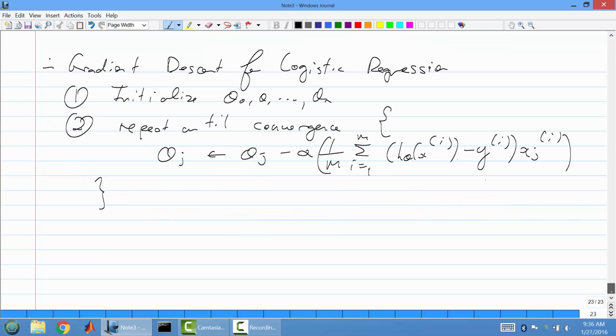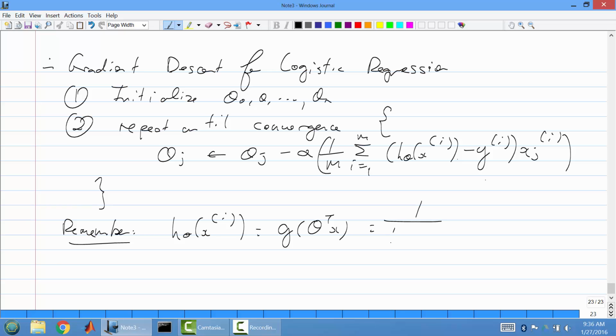And then remember, the hypothesis here is the sigmoid function. It's not the sum of weights. It's still the sum of weights, but you're applying an additional operation to it. So you have this, and the cost function was this.